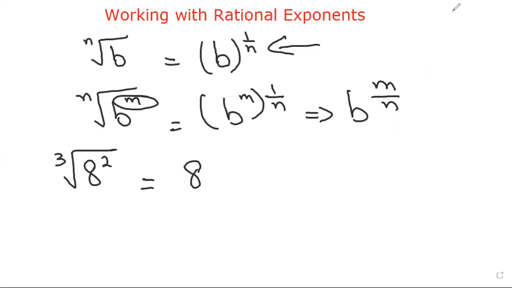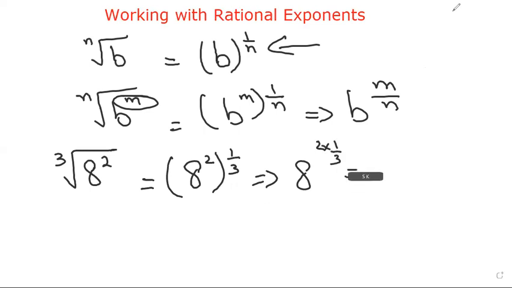Now I'm going to write my square, which is inside, as it is. Now I have to write my cube root. Whenever I have to convert a cube root, I write 1 over 3 in fractional form. Now I'm going to open my bracket and write 2 times 1 by 3, or you can write directly 2 over 3.